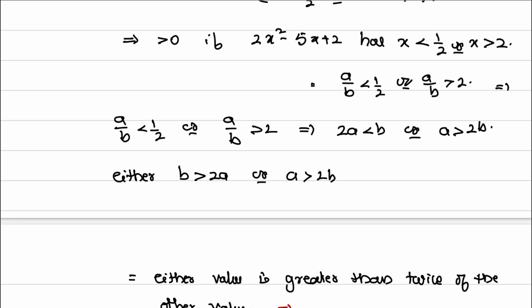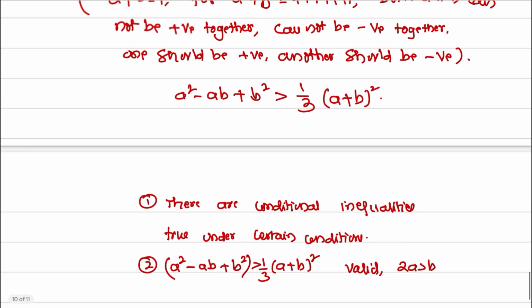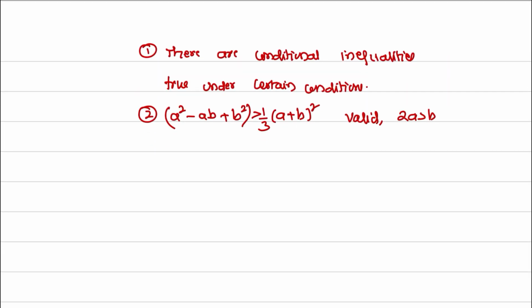Two a is less than b, that means, or a is greater than 2b. Either b is greater, because we can use a and b interchangeably. Rather, instead of writing like this, we can say this will be holding good when one number is greater than twice the other number.